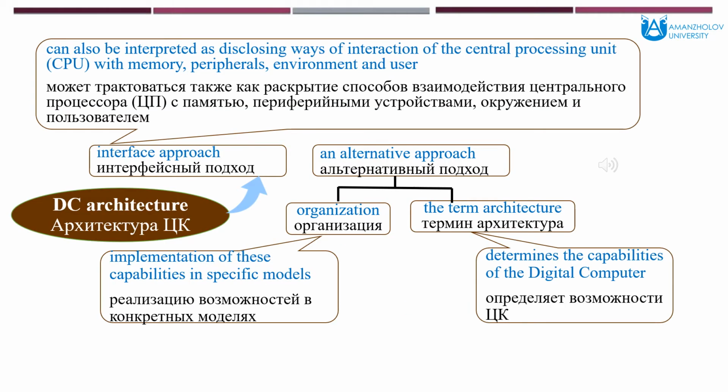The interface approach can also be interpreted as disclosing ways of interaction of the central processing unit, CPU, with memory, peripherals, environment, and user. An alternative approach: organization, implementation of these capabilities in specific models. The term architecture determines the capabilities of the digital computer.